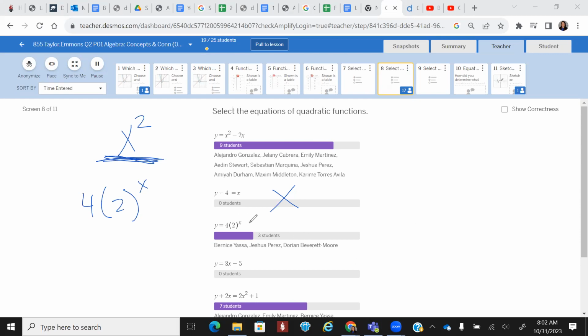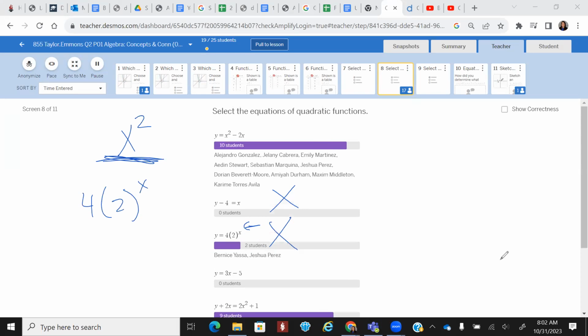No. So what is this one called? Exponential. Okay, what about this next one? So this is not quadratic. What about this next one? Y equals 3x minus 5. Is that quadratic? No. What about the next one? Yes. Okay. You should be able to pick up on that linear and quadratic pretty quickly.